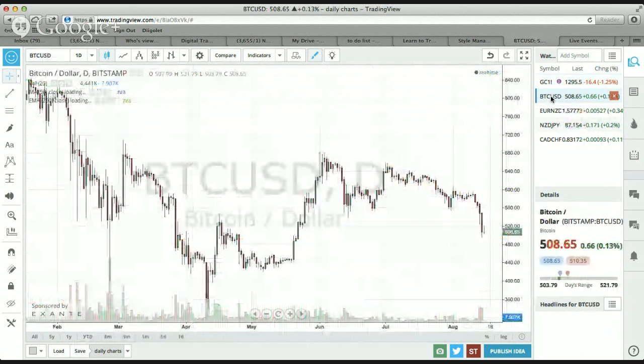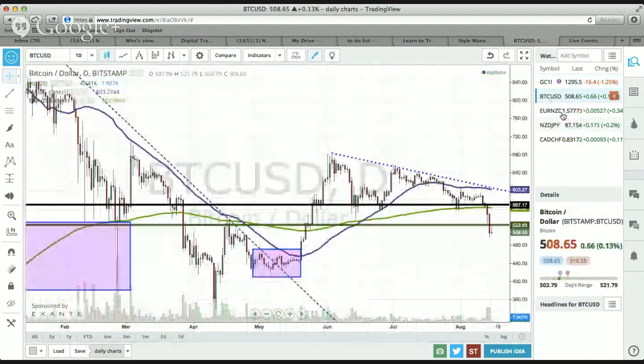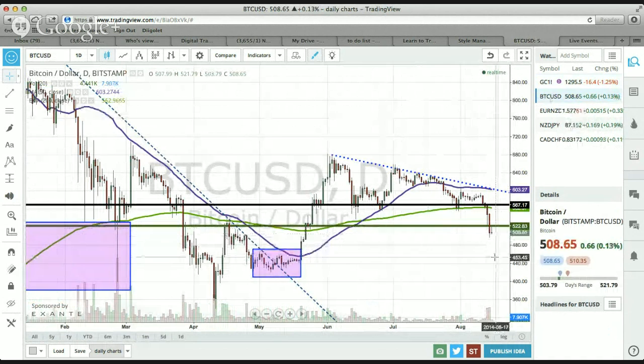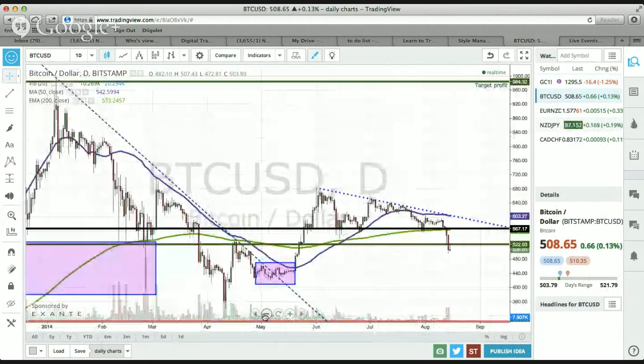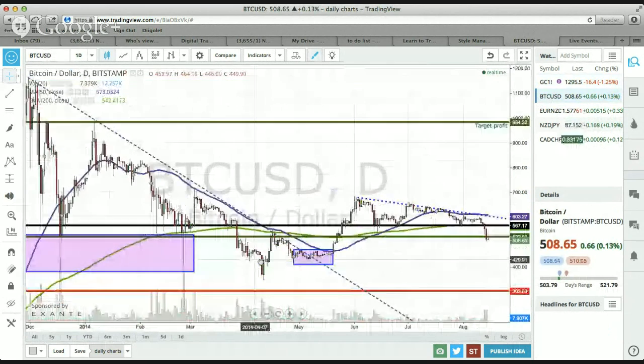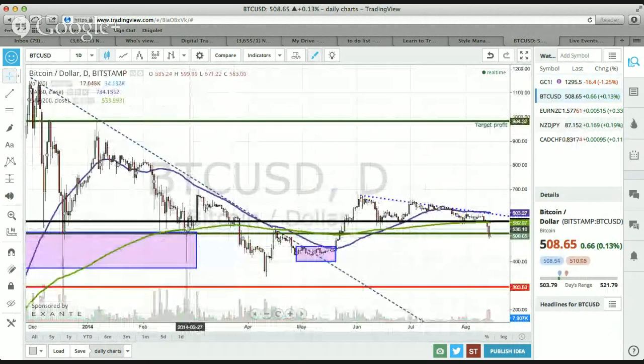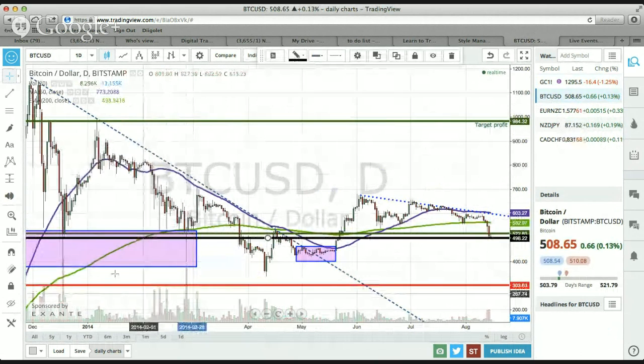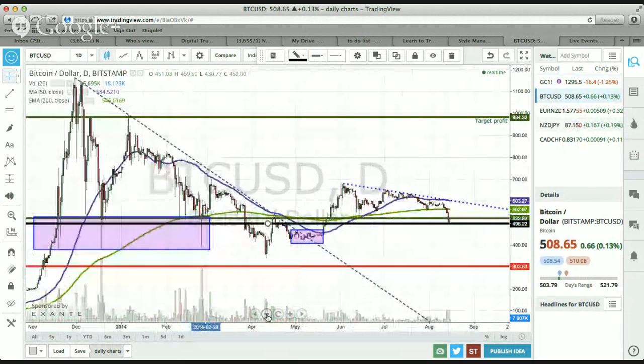Here's Bitcoin. Okay, maybe it has found its bottom. Big down day yesterday. We do have what could be an inverted hammer. I'm looking to see, is this a support level? Let's zoom out a little more.